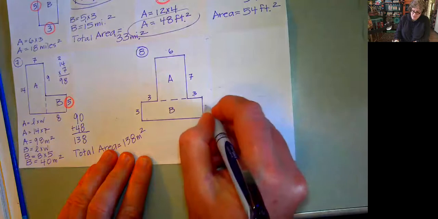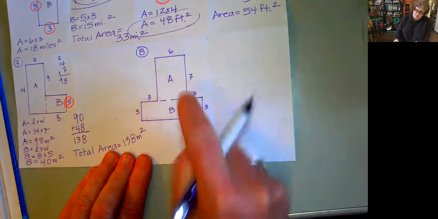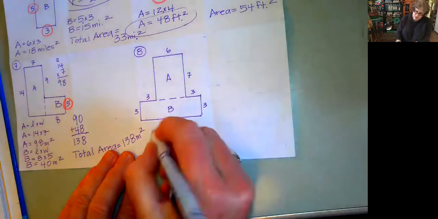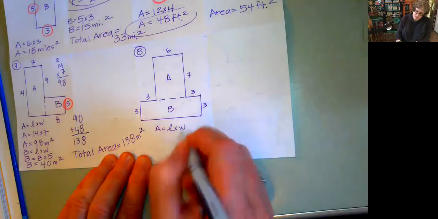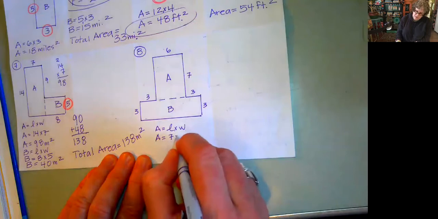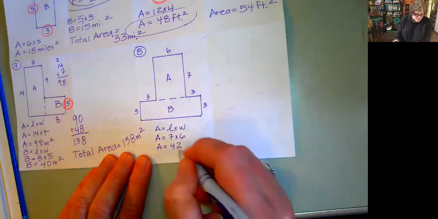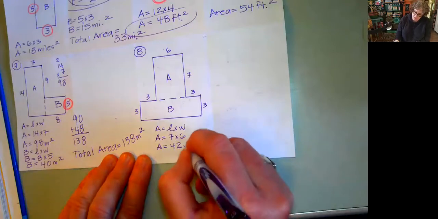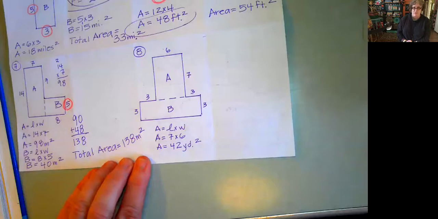Which means this is 3. Okay, so A is going to be 7 times 6, right? So A equals length times width. A equals 7 times 6. A equals 42. And these are yards. Okay, so A equals 42 yards.